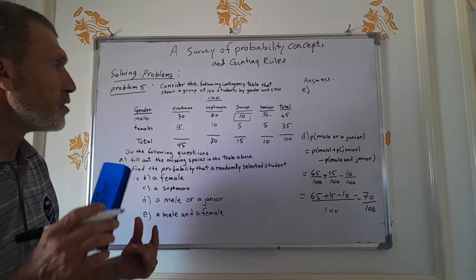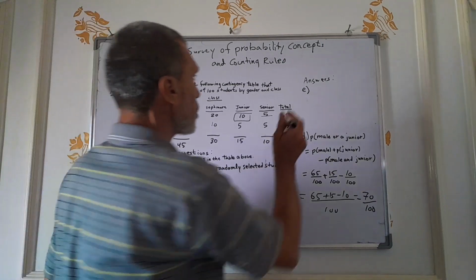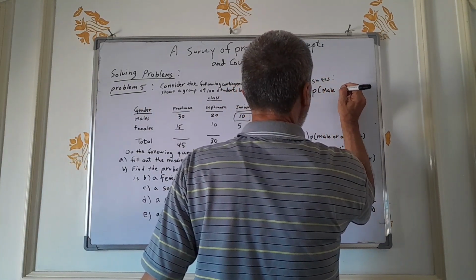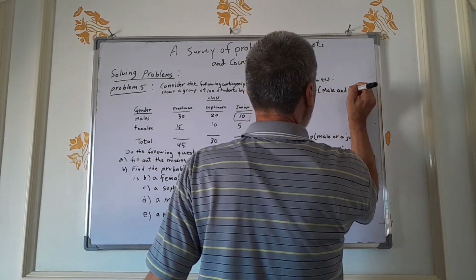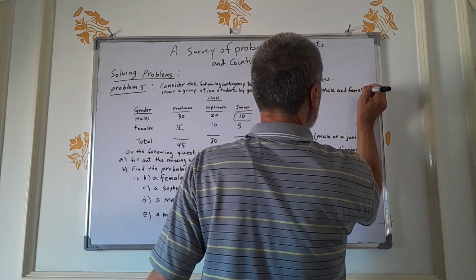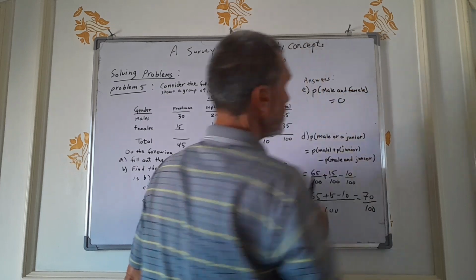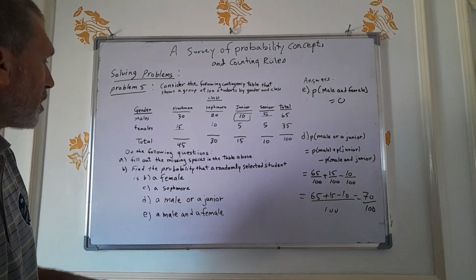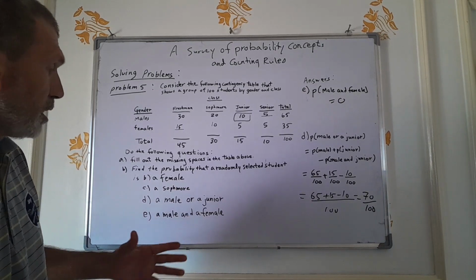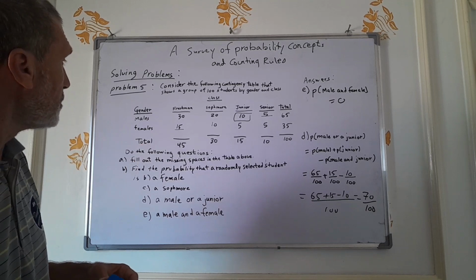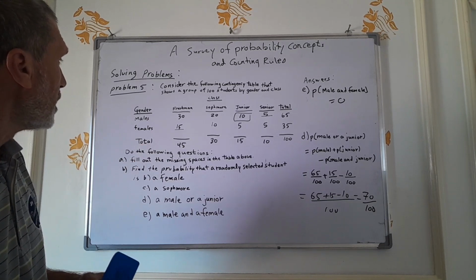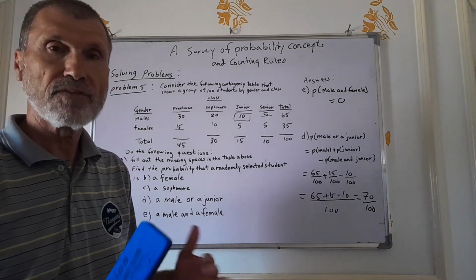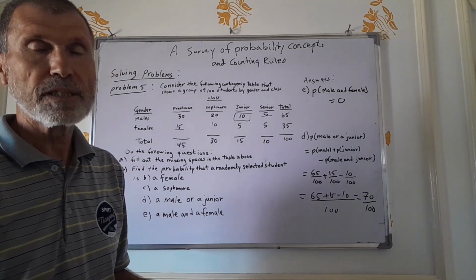Therefore, the probability of a male and a female is 0. Probability of male and female is equal to 0. There is no intersection between them. It's impossible to have a student who is male and female at the same time. Therefore, the probability is 0.